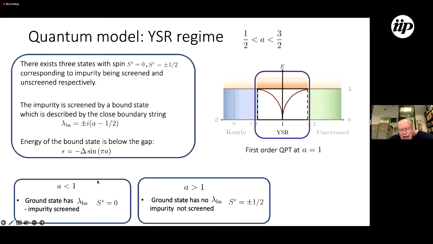And when A is less than half, namely here, the ground state has a bound state and the impurity is screened as Z is equal to 0, while here, in this regime, there is no local bound state, and as Z is plus minus half, the lambda bound state does not exist, and therefore the impurity is unscreened.